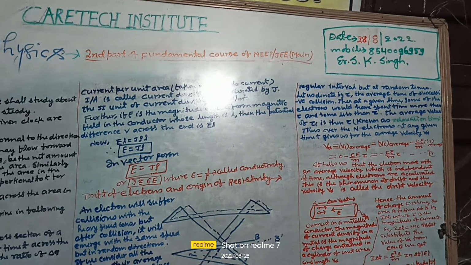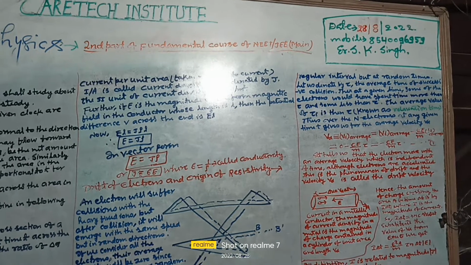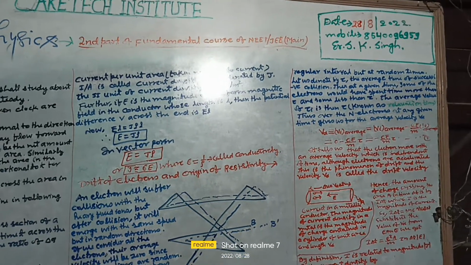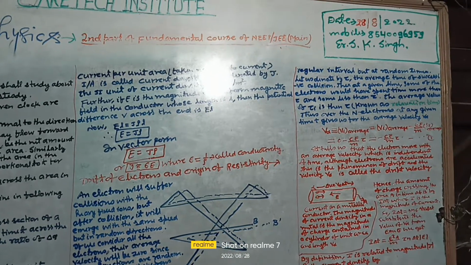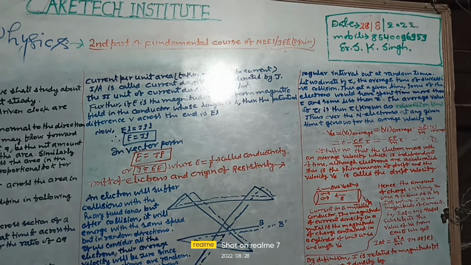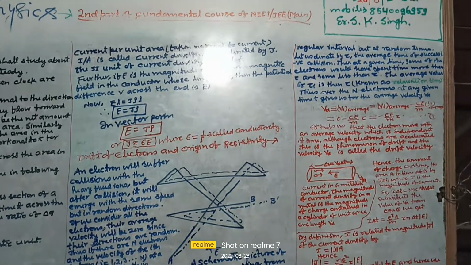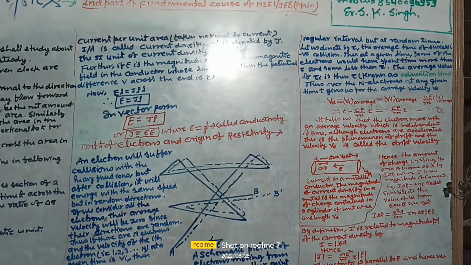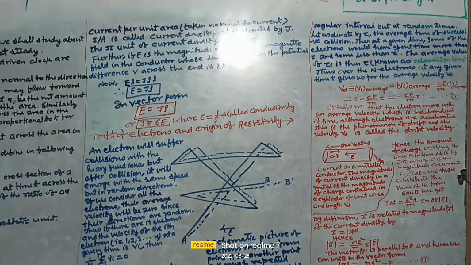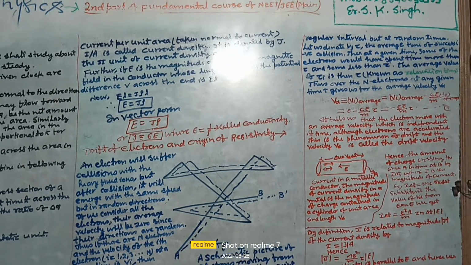Hence, the amount of charge crossing the area A in time delta t is I delta t, where I is the magnitude of the current. So I delta t = n e A V_d delta t.